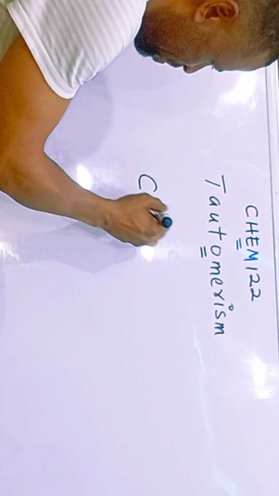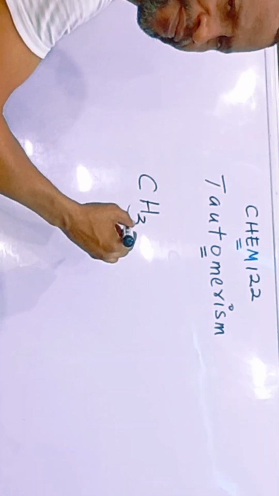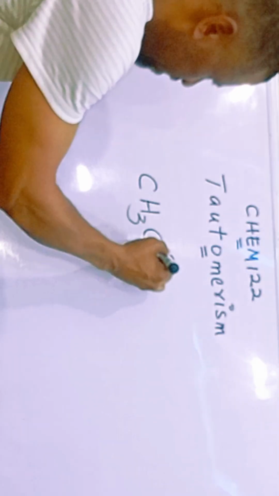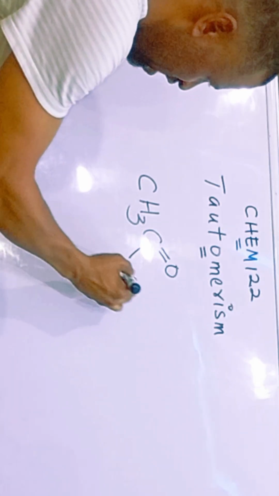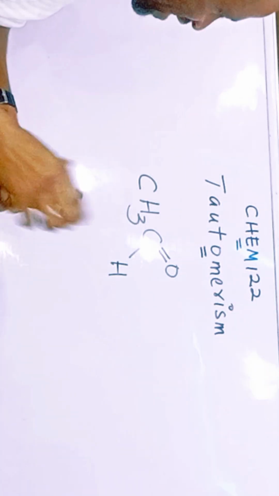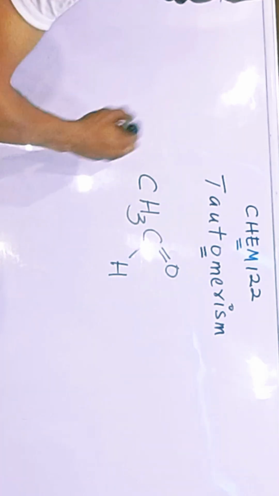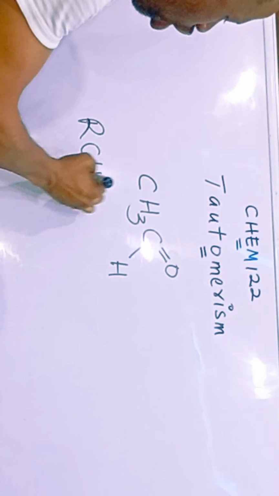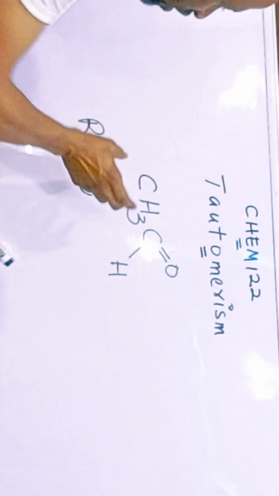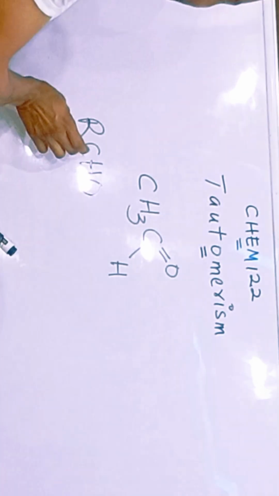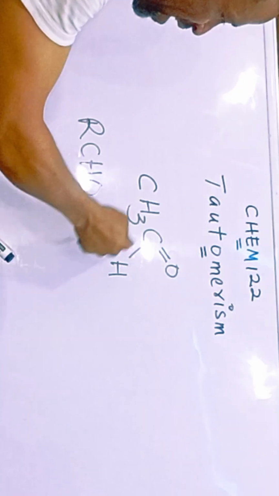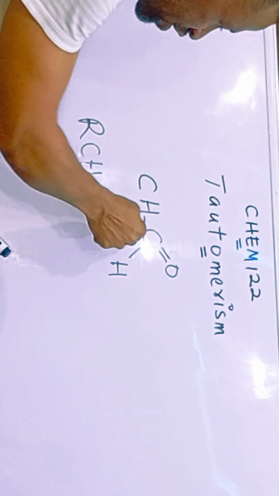Let me say I have CH3, then CO, then this is H. This obeys the general formula RCHO. This CH3 is an alkyl group, so I can denote it with letter R. Then what is remaining? COH or CHO.